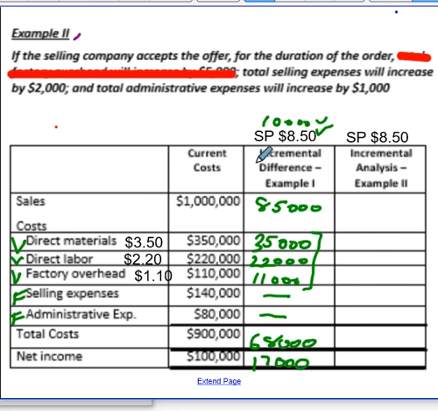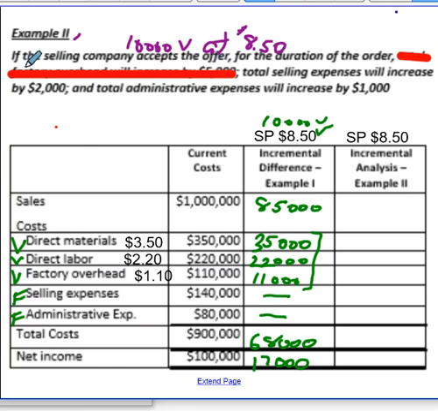Now let's assume we have exactly the same information as in example 1, where the company says we will buy 10,000 volume. So I'll put the 10,000 volume at $8.50 per unit.